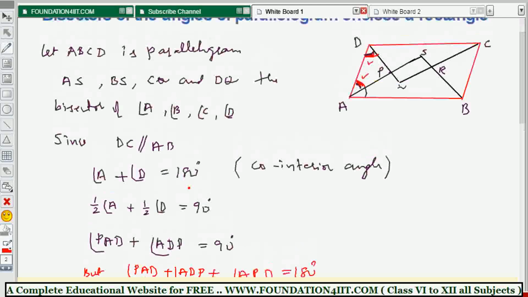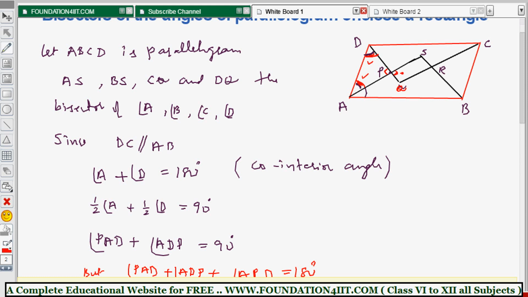So observe here, this is 90. Then the vertically opposite angle must also be 90. That means angle QPS is 90 degrees, the inside angle.